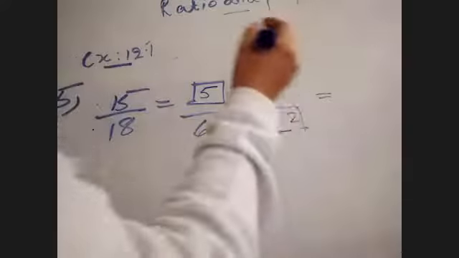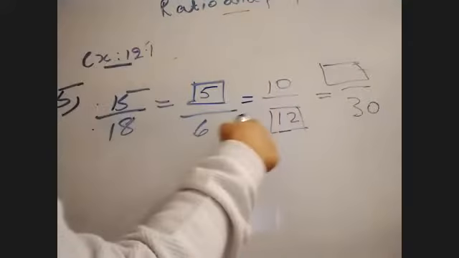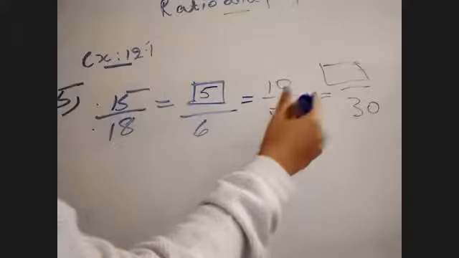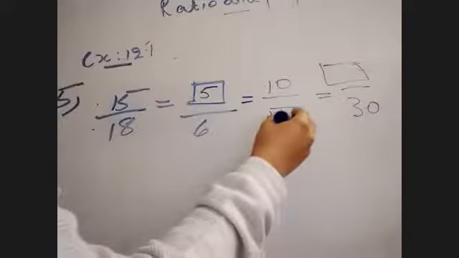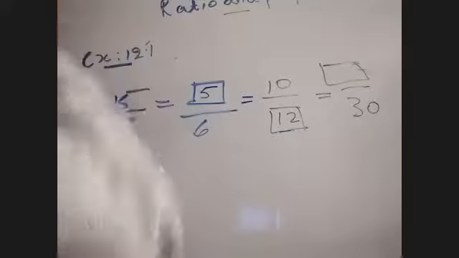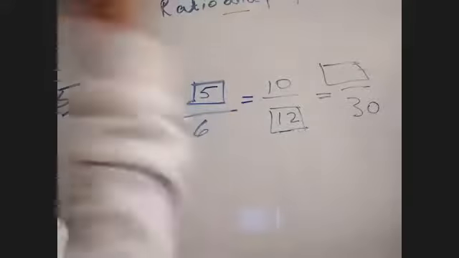And after that, dash by 30. The answer will be 25, but we are going to see properly. So 12 by 30. Let's think: will the answer come 25 or not?